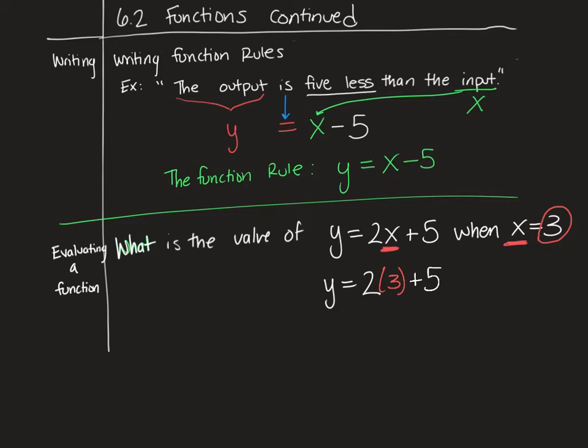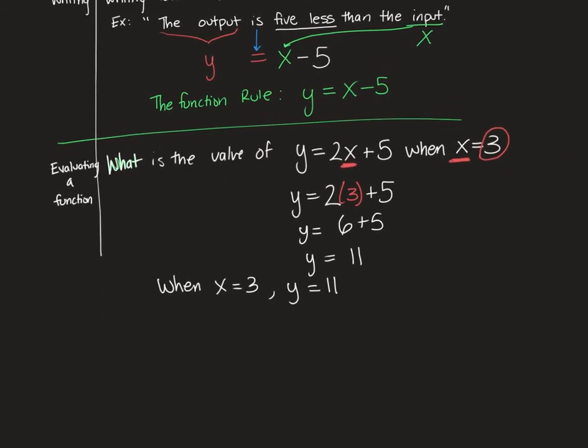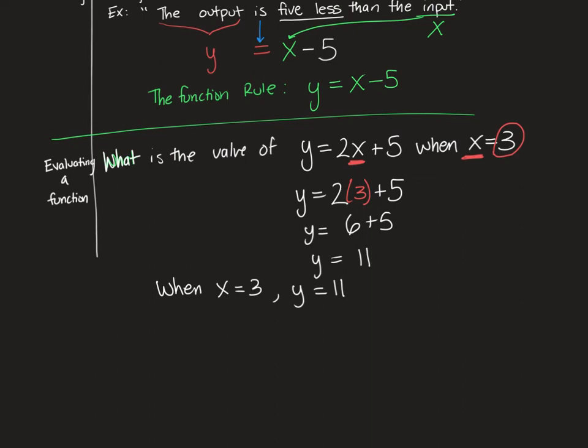Now we're going to find our output. 2 times 3 is 6. 6 plus 5 is 11. So in other words, when x equals 3, y equals 11. This x is our input and our y is our output.